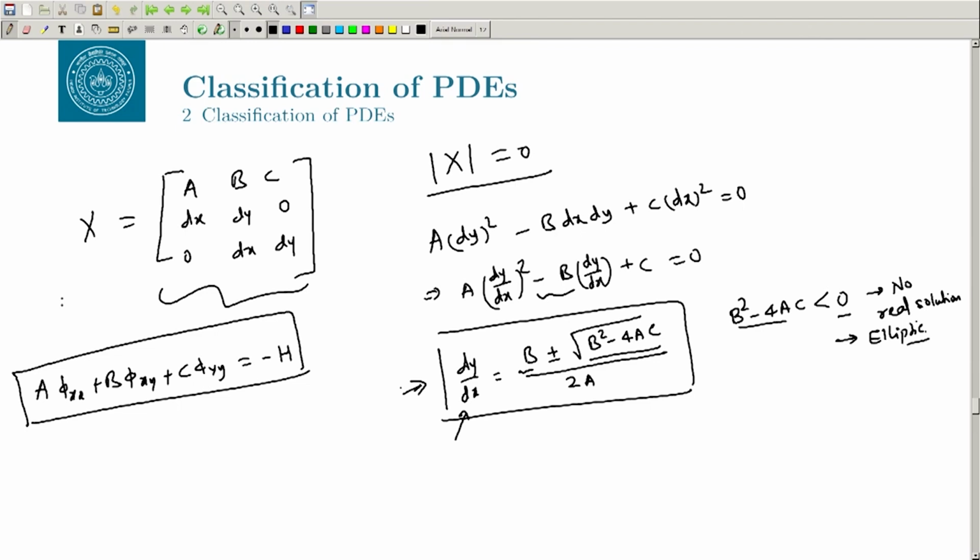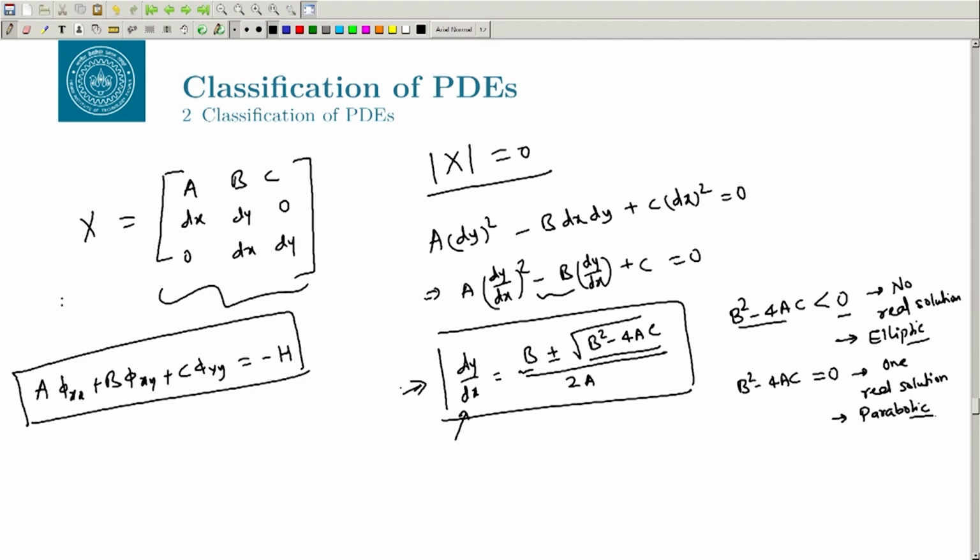The second condition could be b square minus 4ac is equal to 0. In this case you can have just one real solution, and this kind of equation is called the parabolic equation.